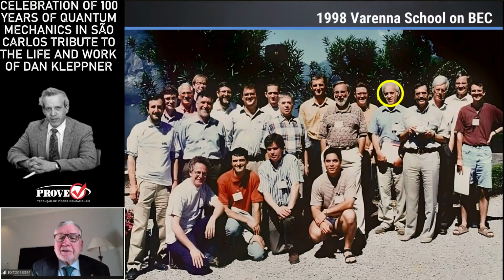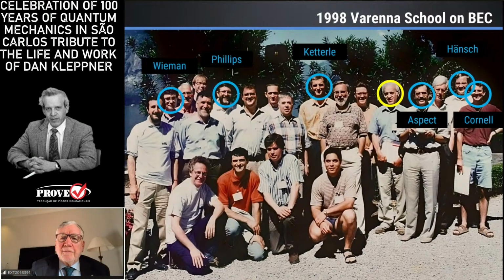Well, it was not like this, but we were glad that after so many efforts, Dan was in time to report his Bose-Einstein condensate of hydrogen at the Varenna school.